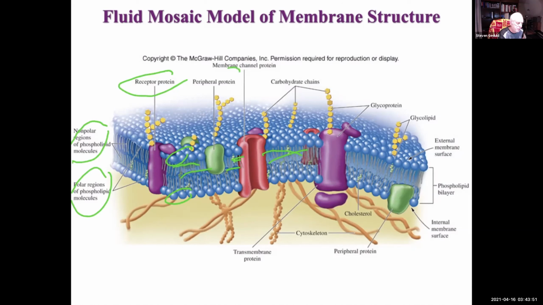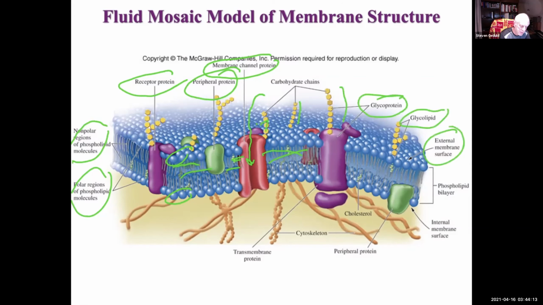These are peripheral proteins. Okay, this is a membrane channel protein where certain kinds of ions and other types of small molecules can pass through this channel. Okay, we have carbohydrate chains. These are your sugar chains. Okay, we have glycoproteins that are embedded in the membrane, and glycolipids. This is the external membrane surface, the phospholipid bilayer, internal membrane surface. These are your peripheral proteins.